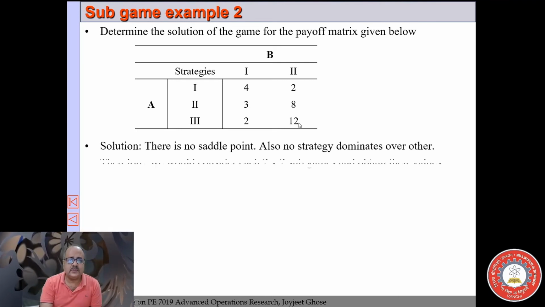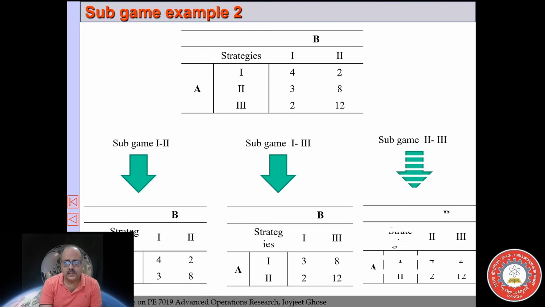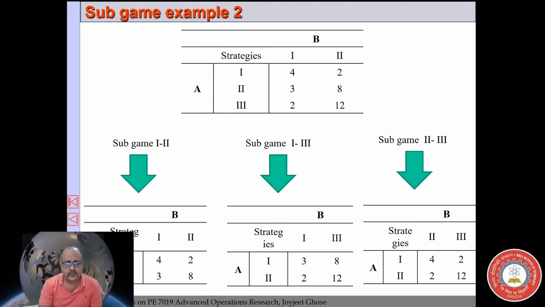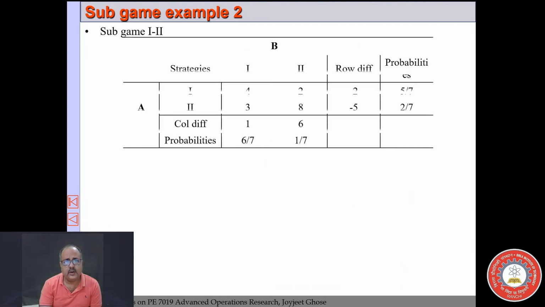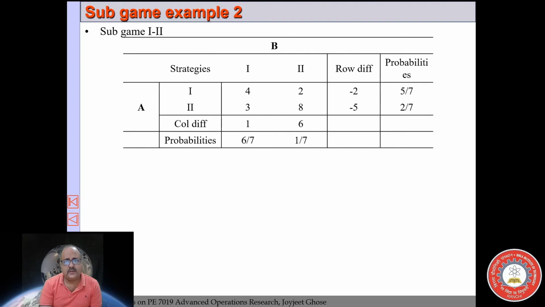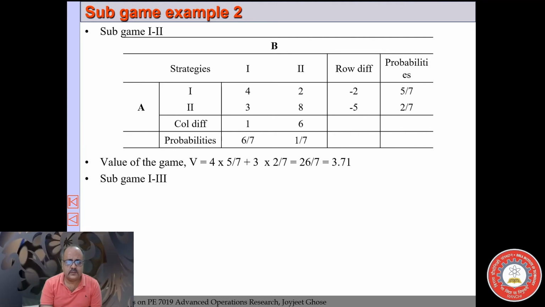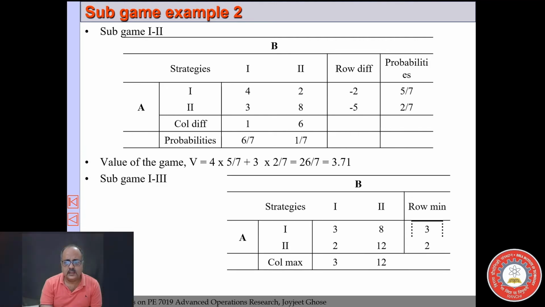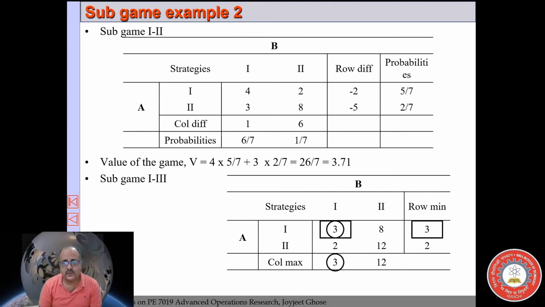So we'll divide it into subgames. These are the various subgames and we'll solve them. Before we start, we check each one for a saddle point, and if there is no saddle point, then we'll solve it by the algebraic method or the shortcut method. Here it is coming out to be 3.71. In game 1-3, there exists a saddle point. Please be very careful to check for a saddle point.